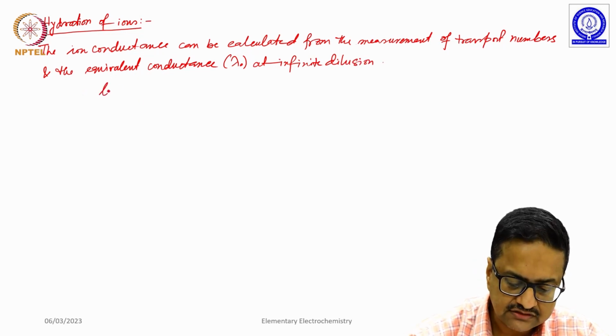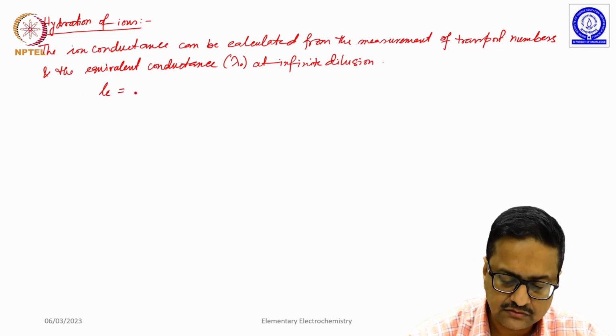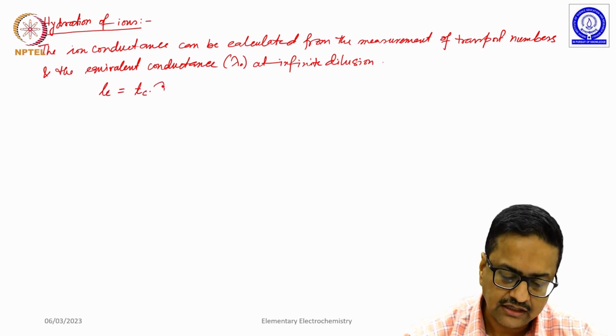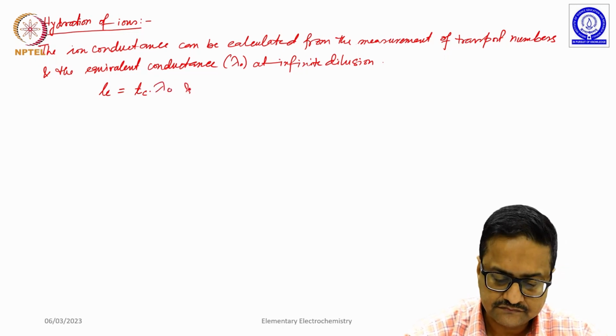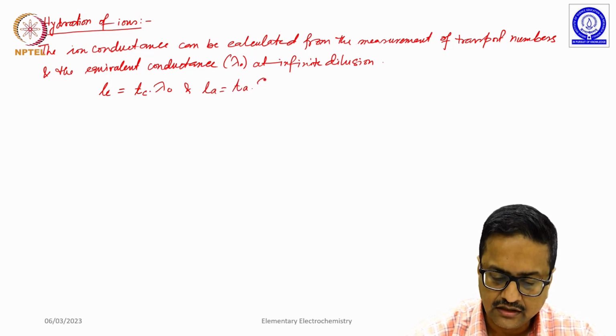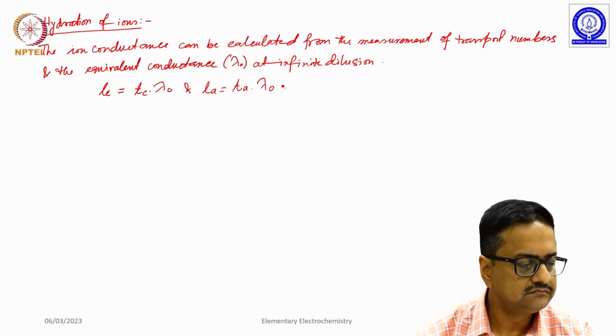So, what we know is LC is equal to TC, that is T, the transport number of cation, multiplied by lambda 0. Similarly, LA is equal to TA into lambda 0.